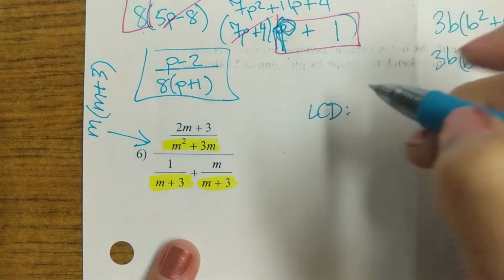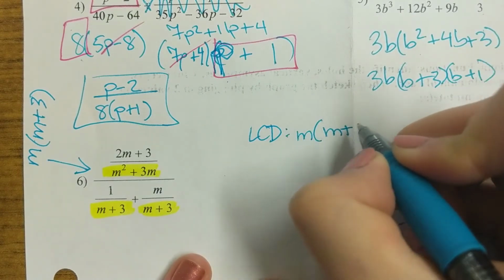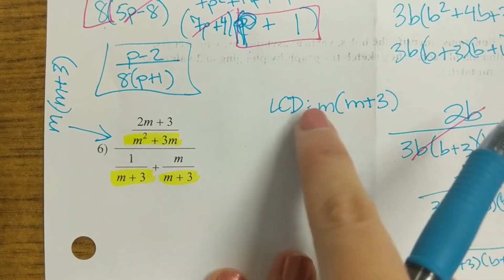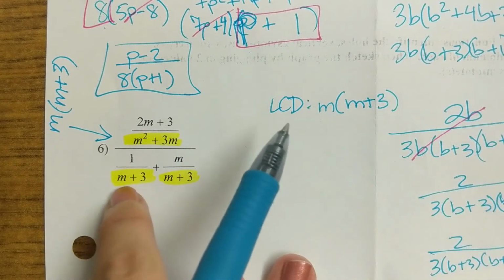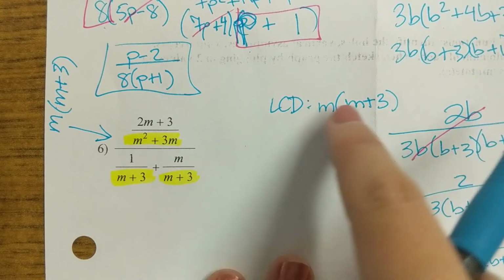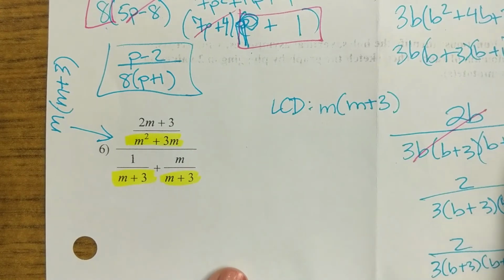Okay, so that's part of the LCD, at least. Now, check to make sure the LCD has accounted for all other denominators. Does this m plus 3 go into this? Yes, it will. This one? Yes, it will. So it's already accounted for. So this is truly the LCD.